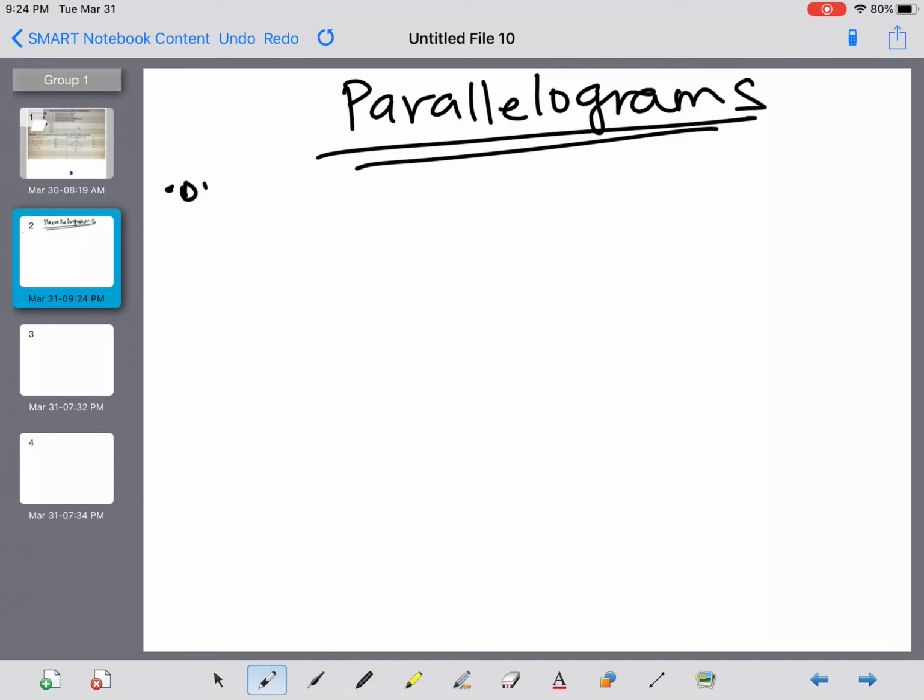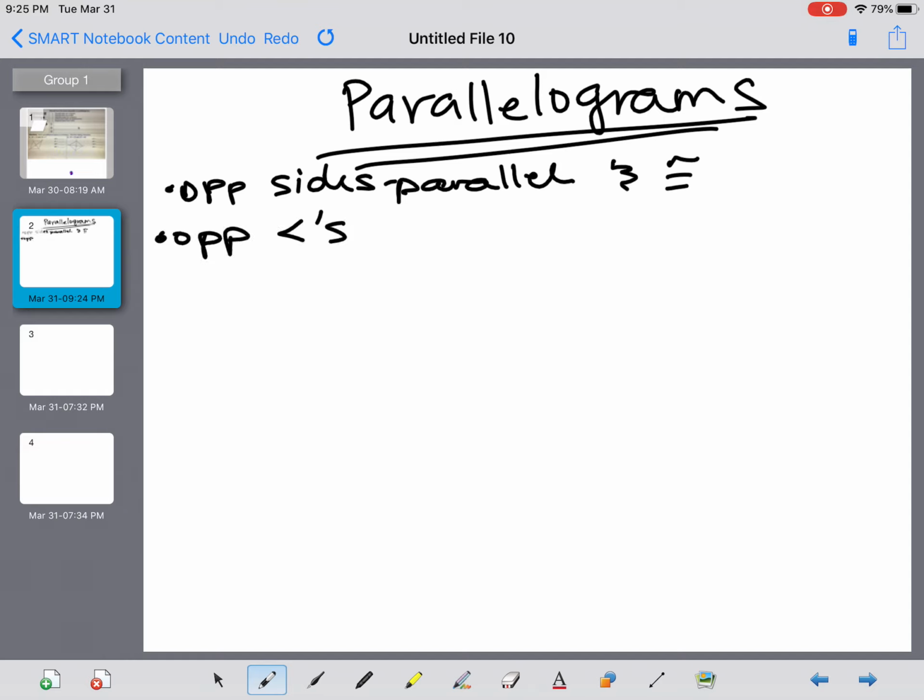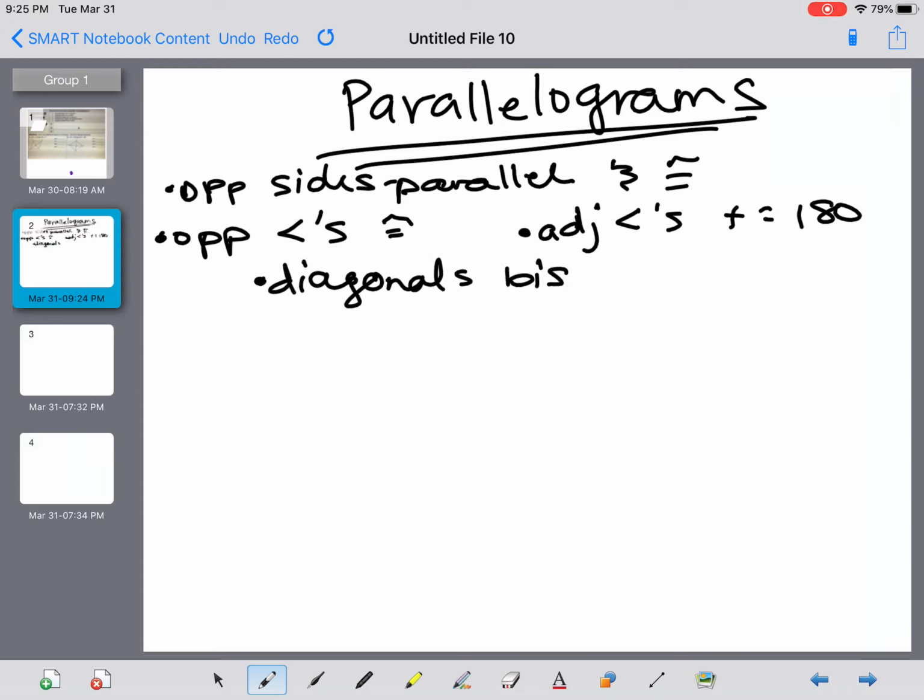We remember that they had opposite sides parallel, opposite sides congruent, opposite angles congruent, and adjacent angles, or those partner angles, were supplementary, added to equal 180 degrees. And the last thing that we remembered was that diagonals bisect each other.